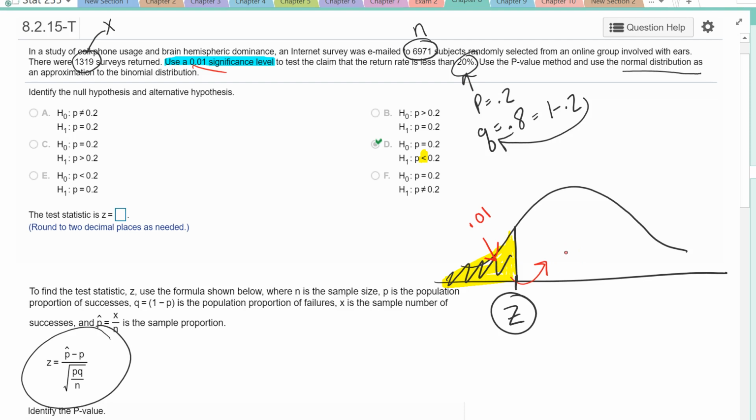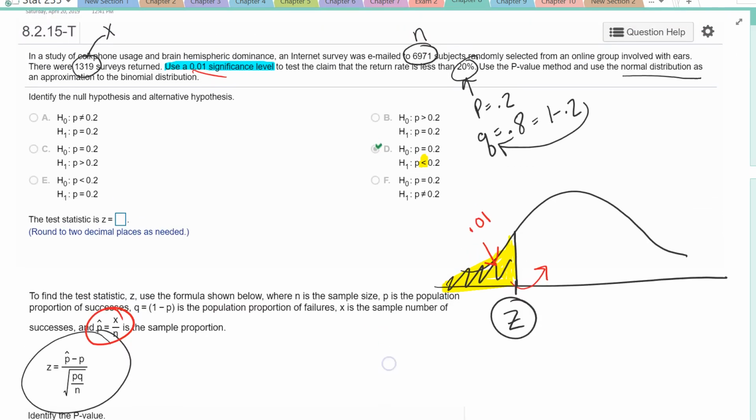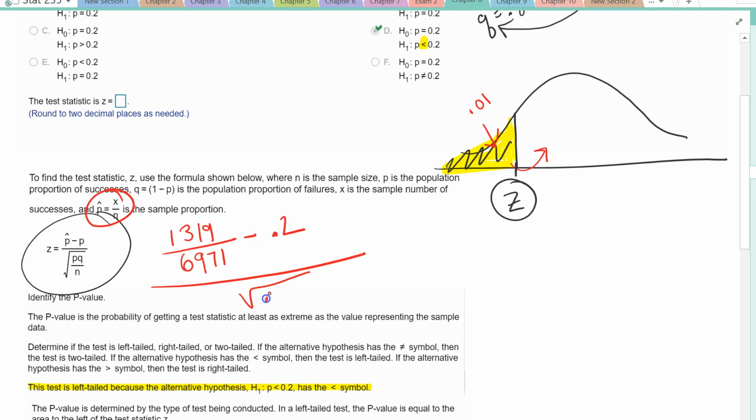So calculating it is just plugging into this formula. P hat is given as x over n. So in this case, p hat would be 1,319 divided by 6,971, minus p, which is 0.2, divided by the square root of 0.2 times 0.8 divided by 6,971.